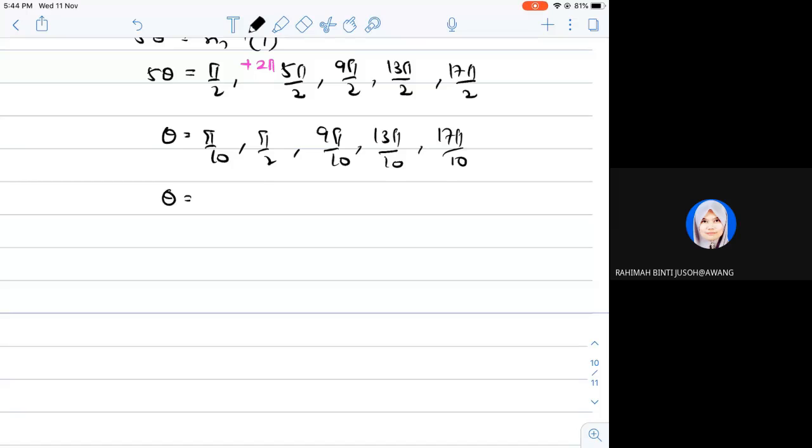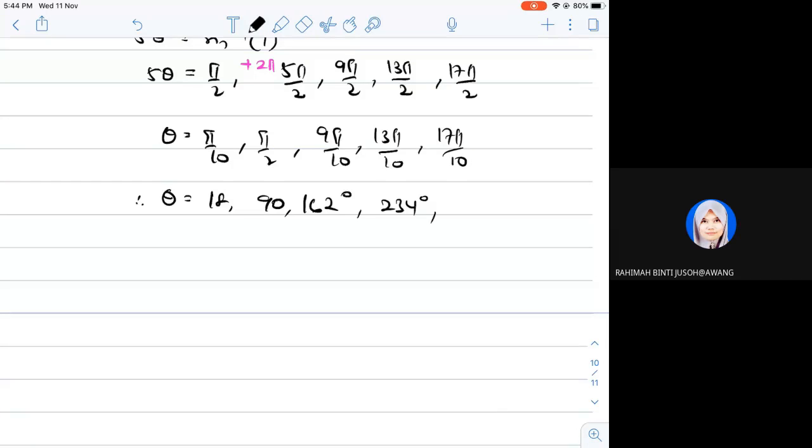So what does this become? Theta pi over 10 is 18 degrees. Then 90 degrees. Then 9 pi over 10. Do you know how to convert that, guys? Multiply by what? Multiply by 180 divided by 10. Okay. So 162 degrees. And then 13 pi over 10 gives 234 degrees.